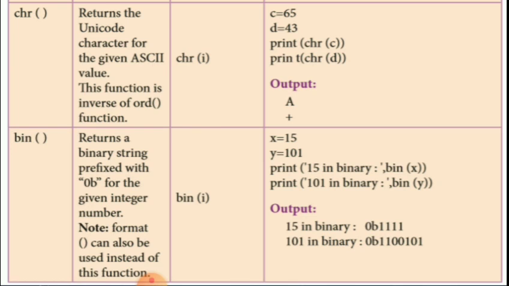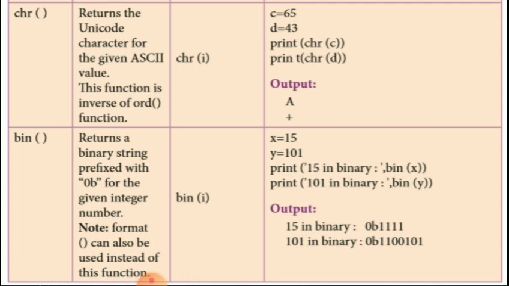Next one is the bin function. It returns the binary string prefixed with 0b for the given integer number. The format function can also be used instead of this function. That means the format function is also going to give the same binary value, or octal or other format that we specified there.